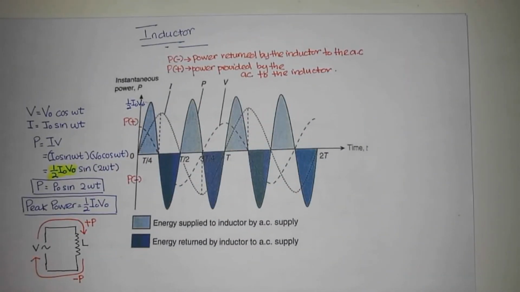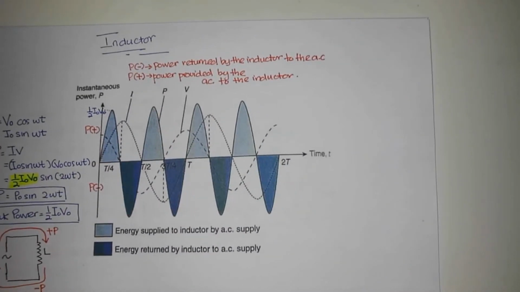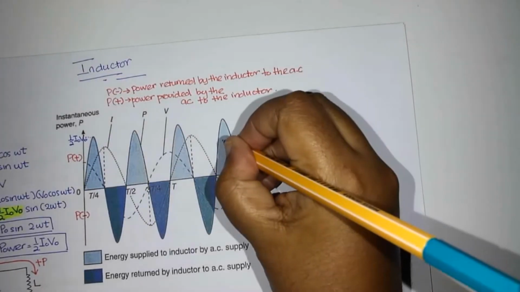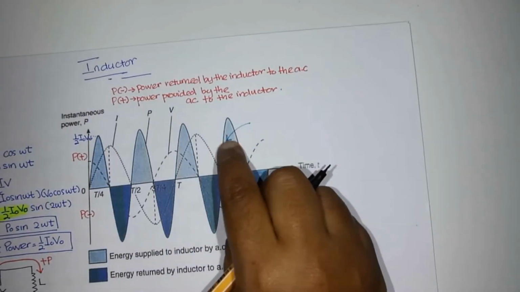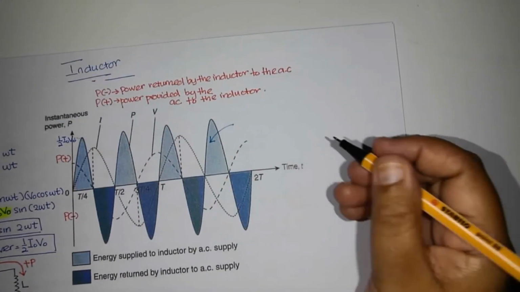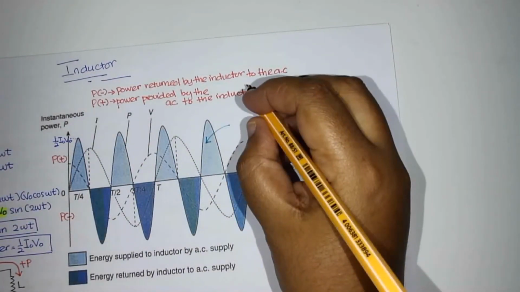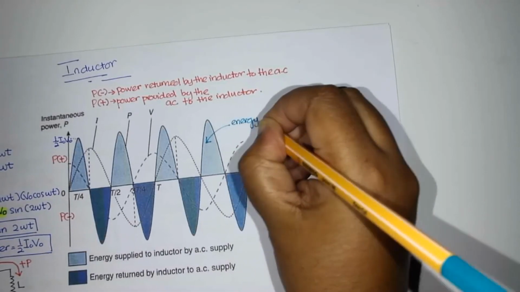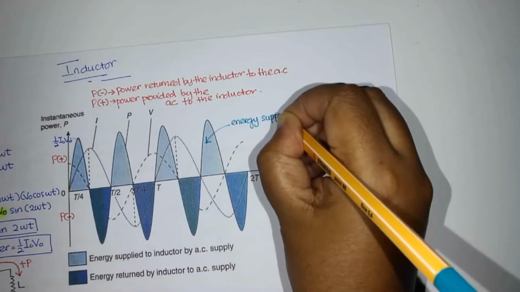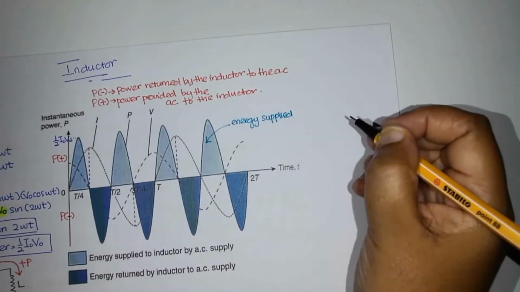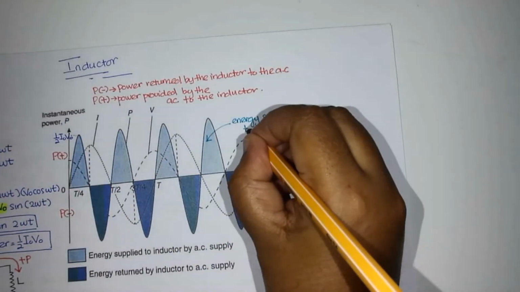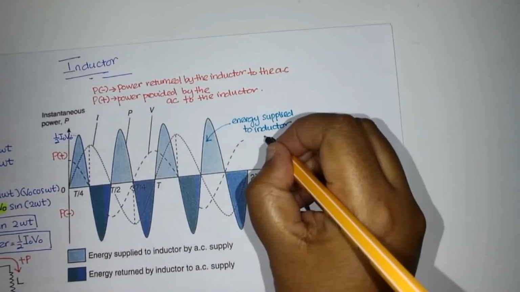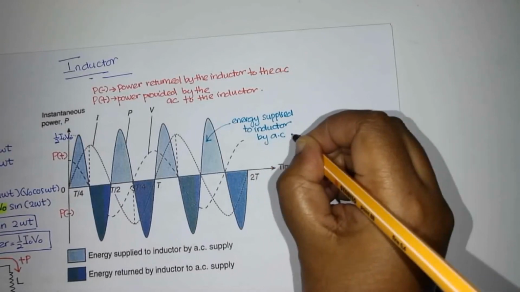Okay, another two important things about this graph is that the area under the graph, the blue line here, is energy supplied to the inductor by the AC supply.